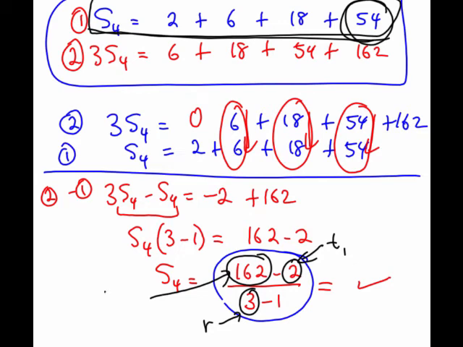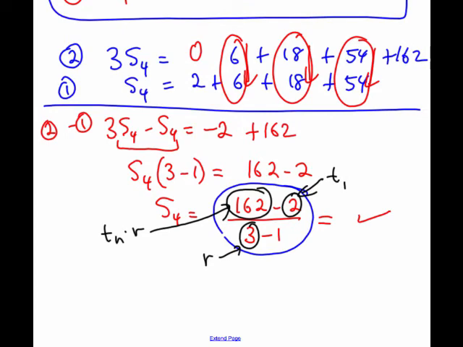In other words, Tn times r. And so what we're thinking possibly is that the sum of n terms is Tn times r minus T1 all over r minus 1.